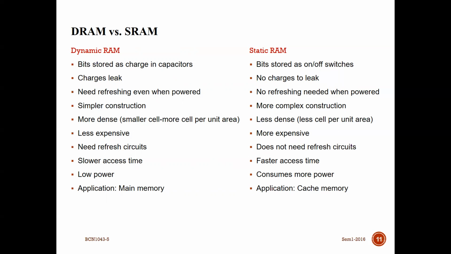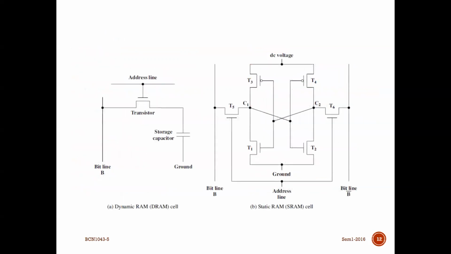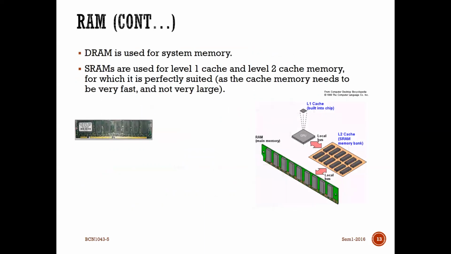DRAM consumes low power, while static RAM consumes more power. This is the dynamic RAM and static RAM architecture. Dynamic RAM is used for system memory, while static RAM is used for level 1 cache and level 2 cache memory, which is a perfect fit as cache memory needs to be very fast and not very large.